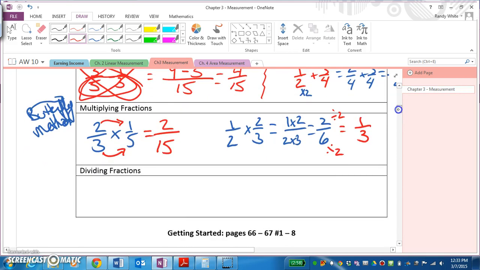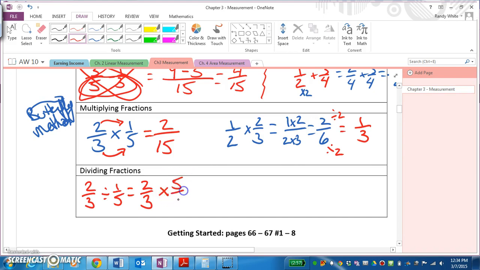And then division, it's essentially the same thing as multiplying. Right? So if I've got 2/3, I'm dividing it by 1/5. Well, what we do is we're taking the 2/3 and I want to group it into fifths. So I keep my 2/3 as it is. I change my division sign to a multiplication sign, and then I flip the second fraction.